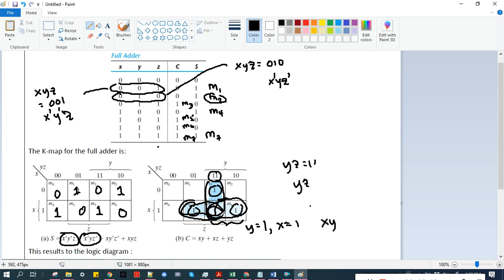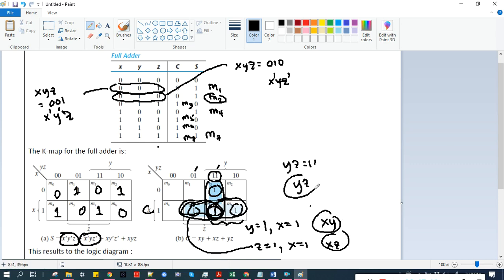Then for this one, the common variable is z equal to 1, and then x is 1, so xz.